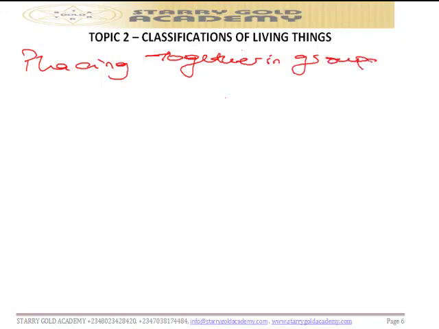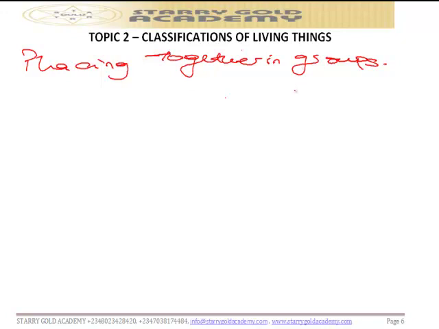So classification of living things is the placing together in groups of those living things that resemble each other. When we place things that look alike together, we are trying to classify.